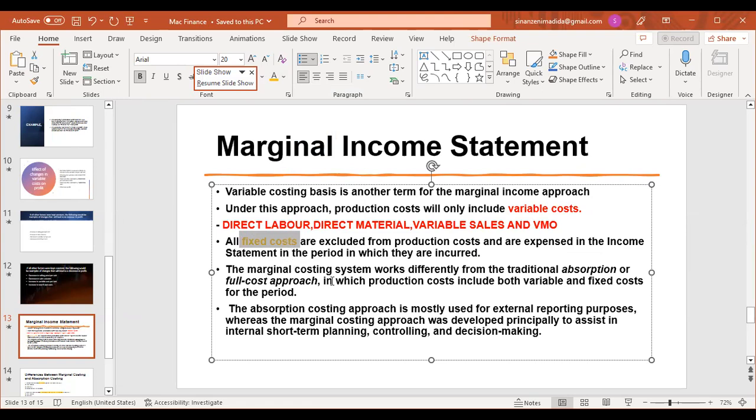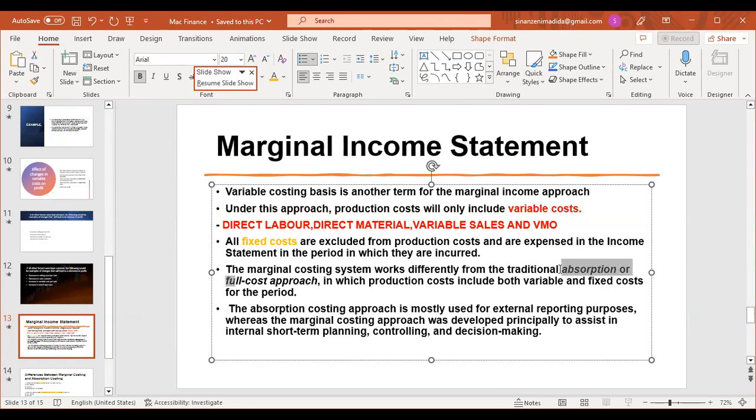The marginal costing system works differently from the traditional absorption costing or full approach, in which production costs include both variable and fixed costs. There's another method given in your module guide, which is compared to the marginal income approach: the absorption costing method.